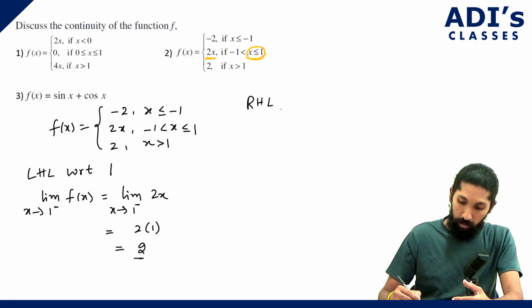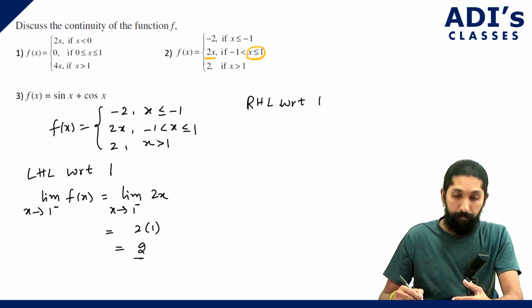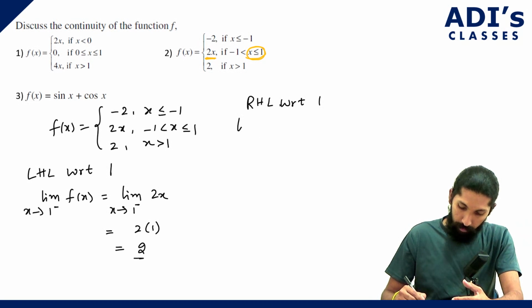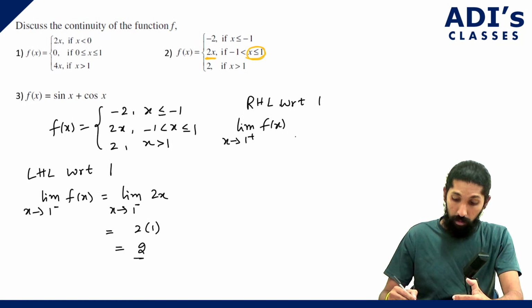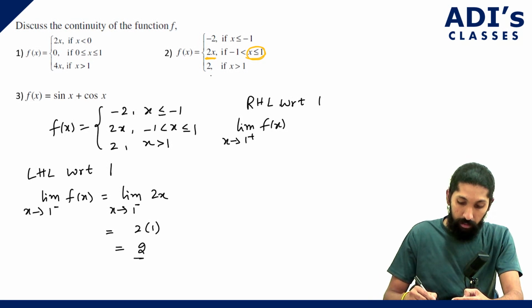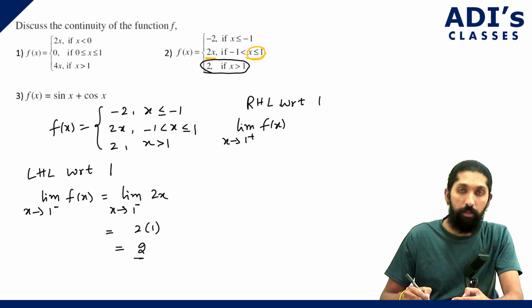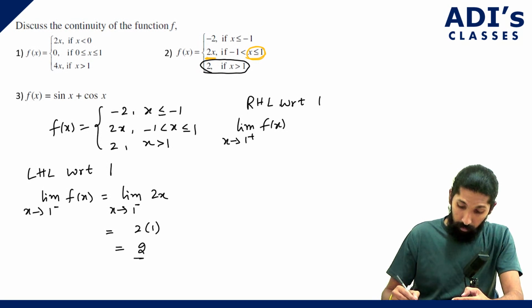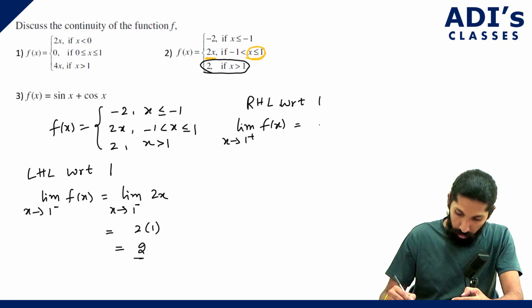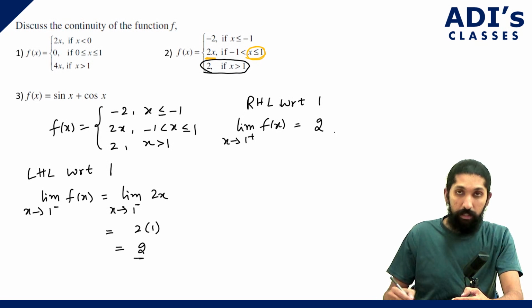Now we'll go for the RHL value. So RHL with respect to 1, isn't it? So what you are going to have? A limit as x tending to 1 plus f of x, isn't it? So here when it is RHL, see, this is your function, isn't it? So this is going to give me just 2. So LHL, RHL both are equal.